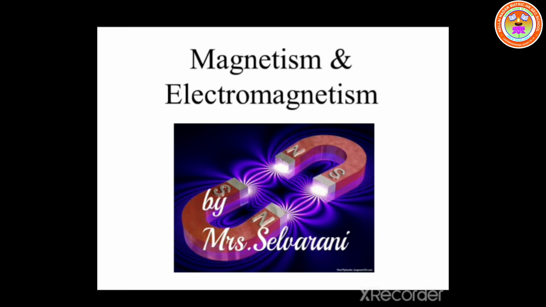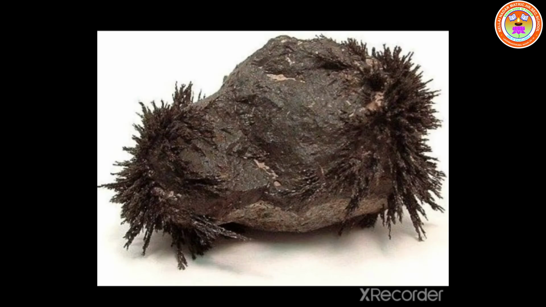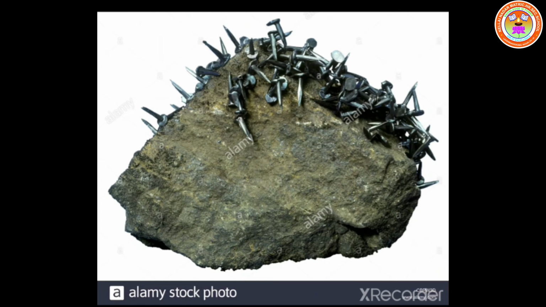Here we have two kinds of magnets that we can see around us. One is natural magnet and another one is artificial magnet. The picture shows a natural magnet which exists in nature. These kinds of magnets can be found in rocks and sandy deposits in various parts of the world.